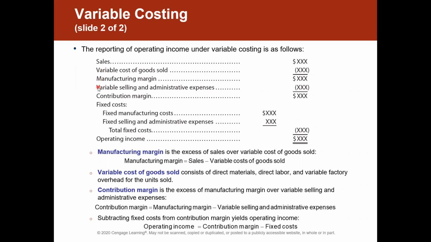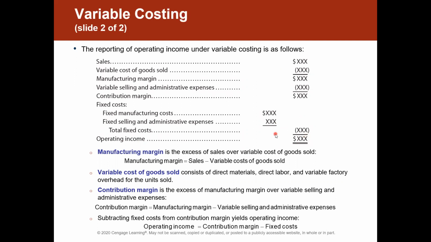Then if we subtract the variable operating expenses, variable selling and administrative or period expenses, we get the contribution margin. And now we already know that fixed manufacturing cost is going to be kept separate under variable costing, and then fixed selling and administrative expenses brings us down to our operating income.